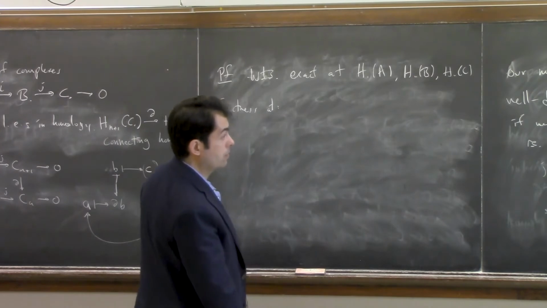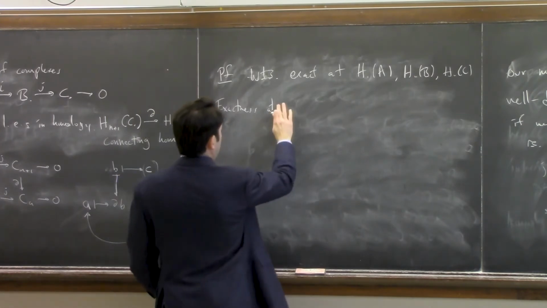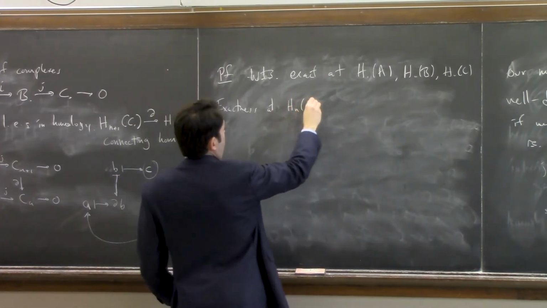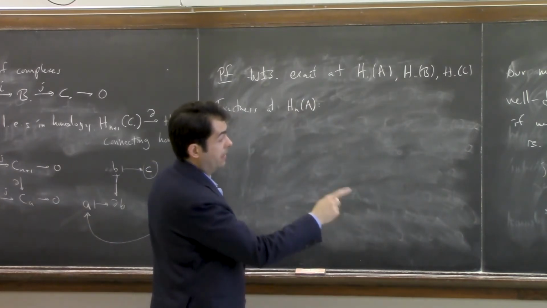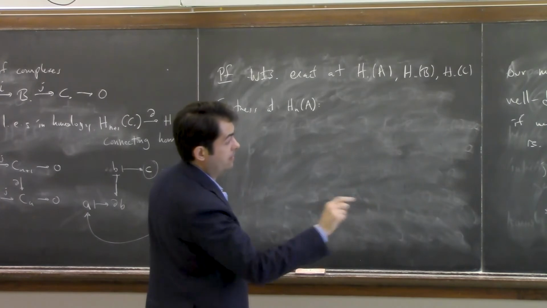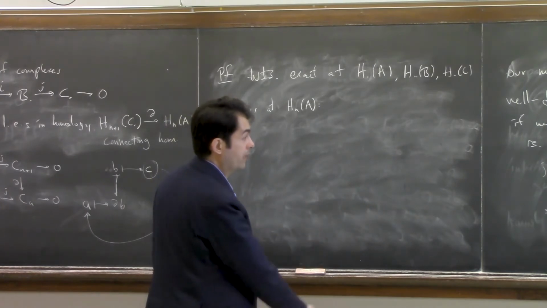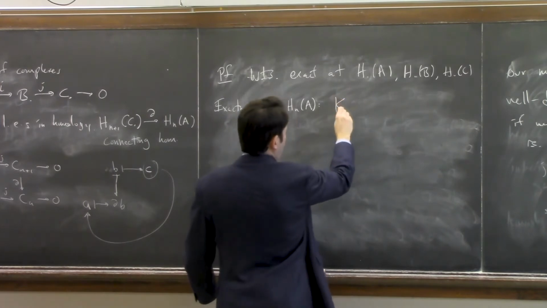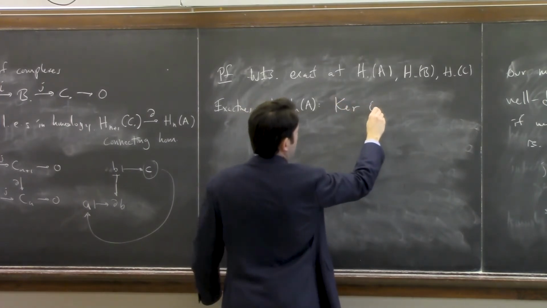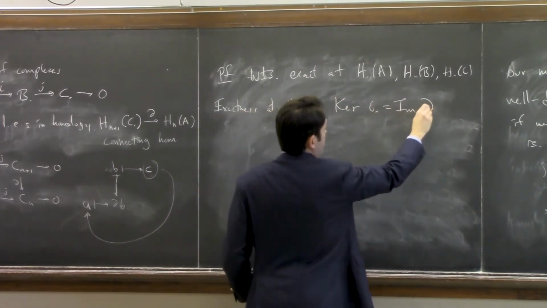Okay, so exactness at H_n(A). Right, so at H_n(A), I have the boundary coming in and the map induced by inclusion going out. So we need to check that the kernel of I star is equal to the image of the boundary.